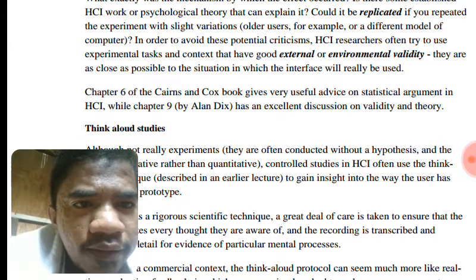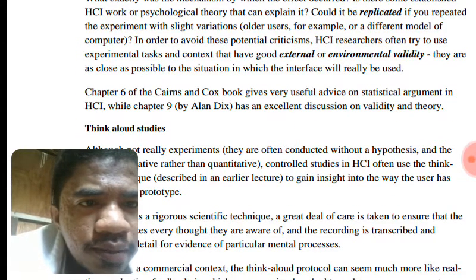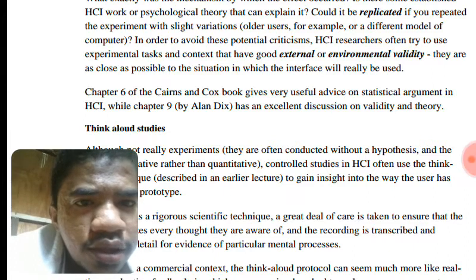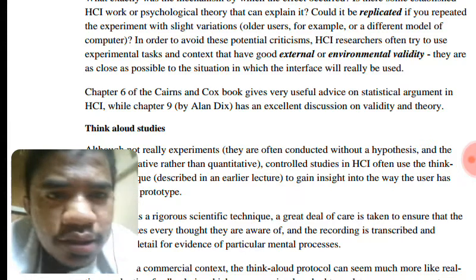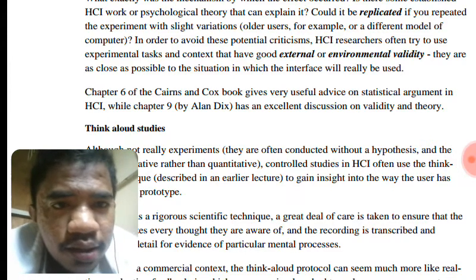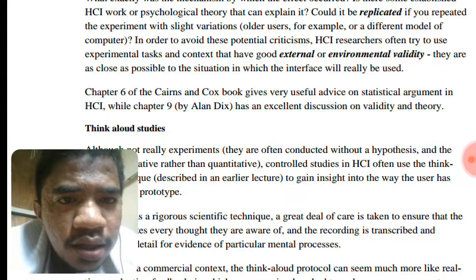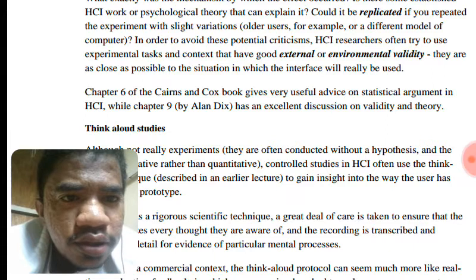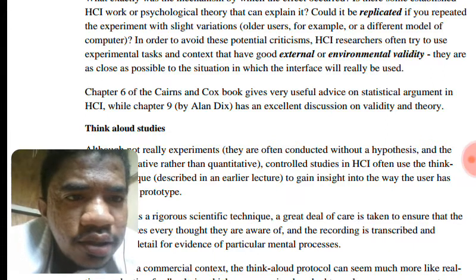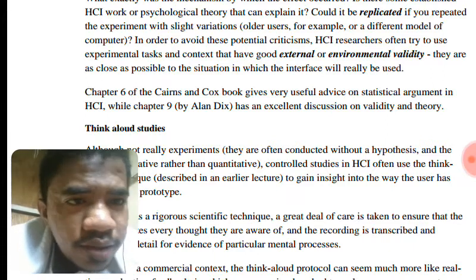In order to avoid this potential criticism, HCI researchers often try to use experimental tasks and contexts that have good external and environmental fidelity. They are as close as possible to the situation in which the interface will really be used.